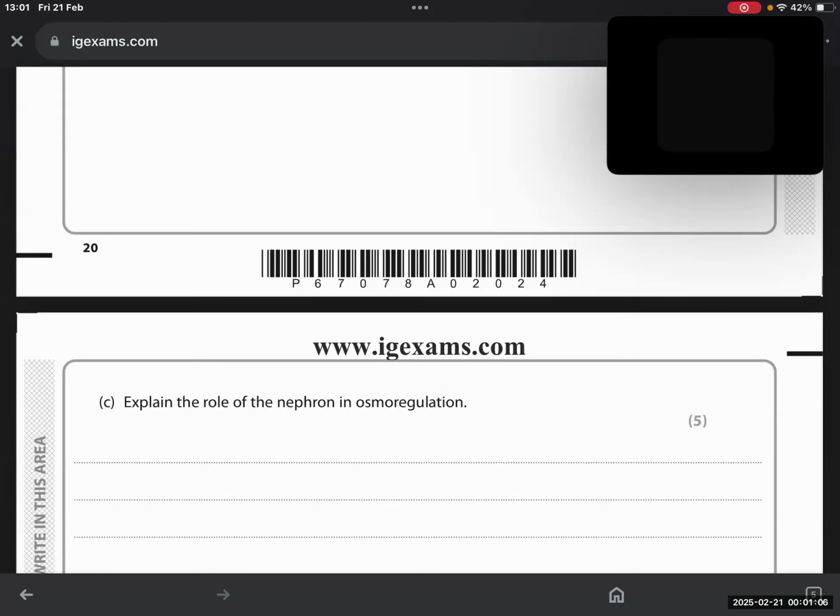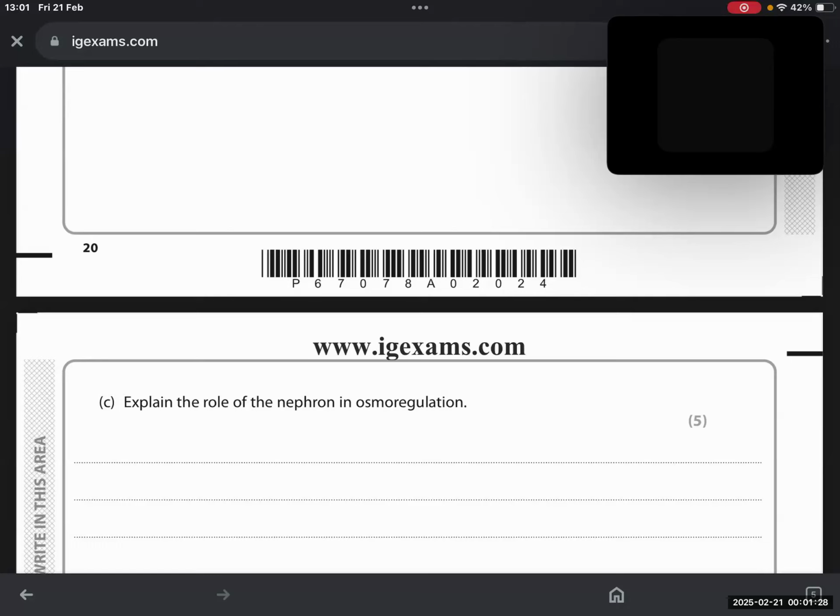If the water content of the body is too high, the body will reduce the amount of ADH. So the permeability of the nephron will decrease. The nephron will reabsorb less water, or take less water back into the body. So the urine will become more dilute. So this is how you can explain it.